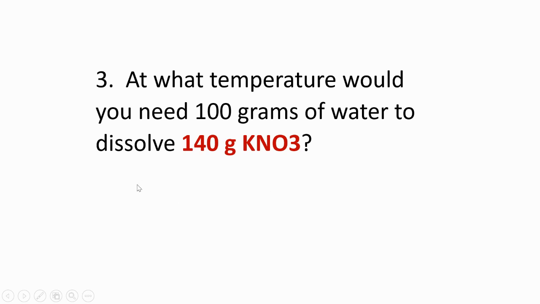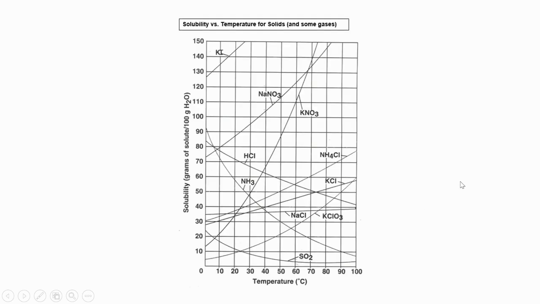At what temperature, in 100 grams of water, would you need to dissolve 140 grams? In the previous two, I gave you temperature and asked you for grams. In this one, I'm giving you the grams and asking you at what temperature could you dissolve exactly that much. So my substance is KNO3, and I have dissolved 140 grams.